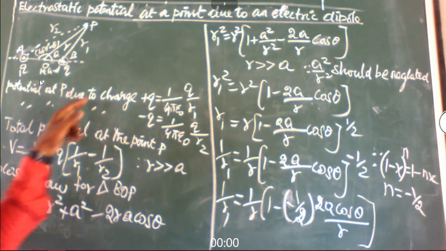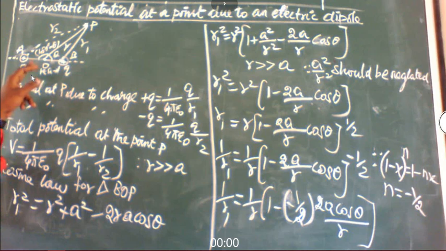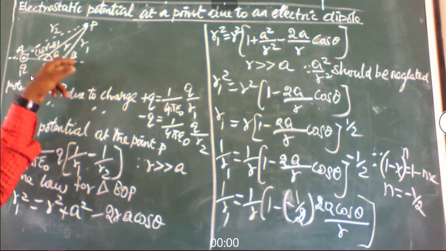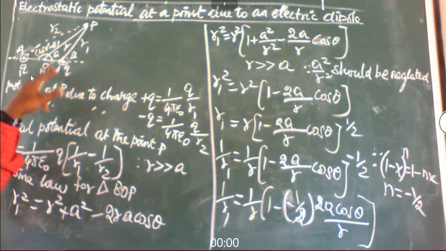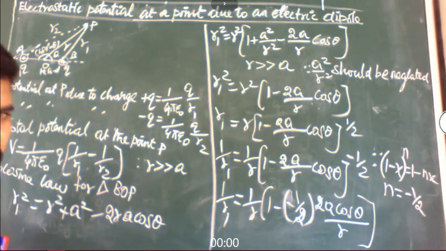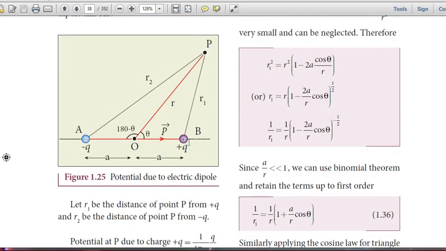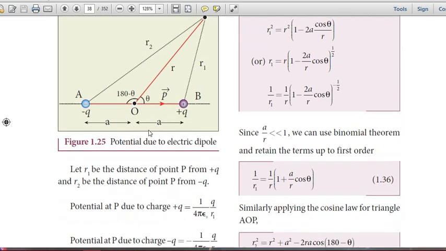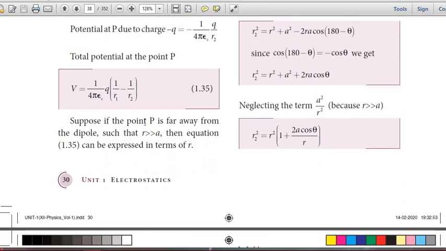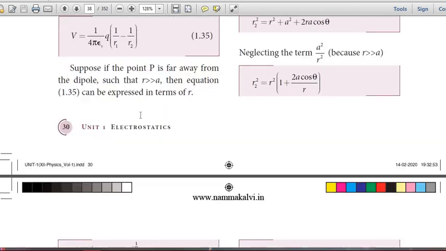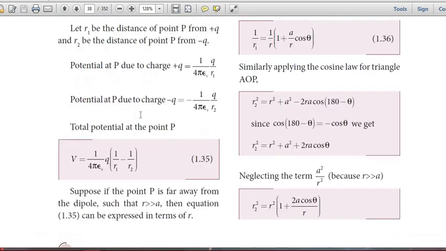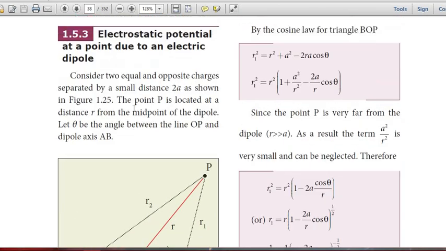Now, first of all, we consider the triangle BOP, from your textbook. This is the angle theta. Now the equation is, applying the cosine law.